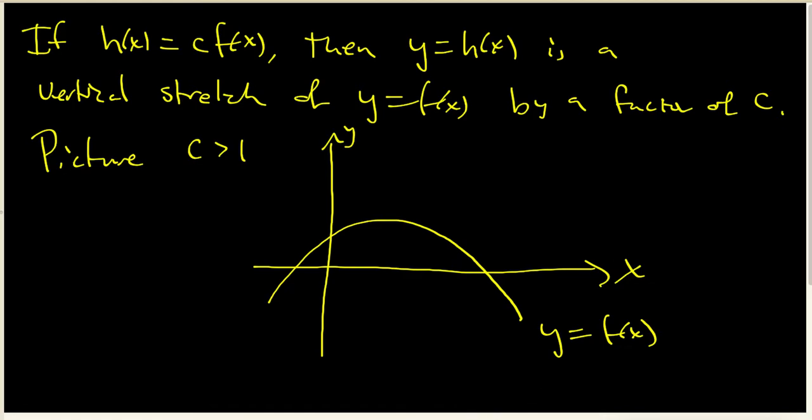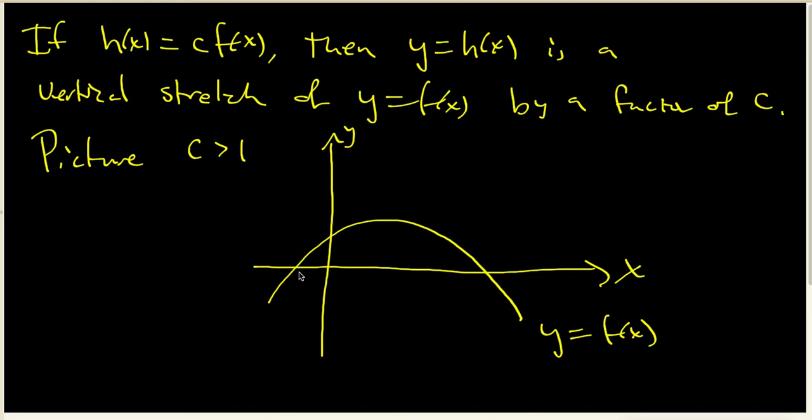Now, if c is bigger than 1, this is going to stretch this part of the curve in a vertical direction, and it's going to stretch this part of the curve and this part of the curve in a negative direction. And of course, 0 times anything is 0, so our new curve is going to go through those same roots. So let's see if we can graph this in a different color.